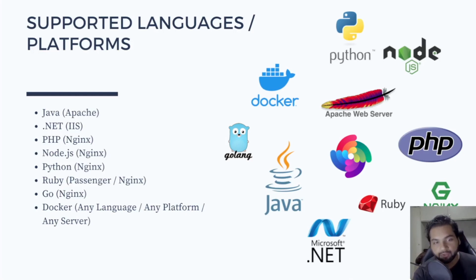Because if you want to deploy any language or any platform or any server, since AWS is providing you the Docker service, it means you can deploy anything on Docker. Any language, any platform, any server. That's the beauty of the service.